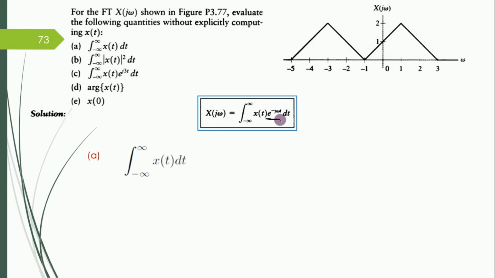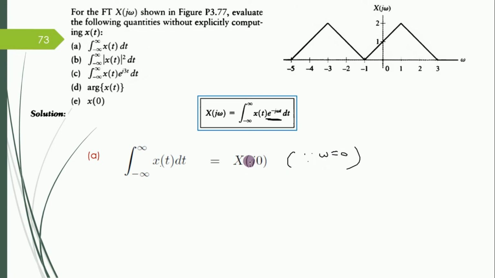Only this component is missing. What does that mean? The meaning is that omega is 0. You can assume that omega is 0. Replace omega with 0, because when omega is substituted with 0, e raised to 0 becomes 1. So you get this equation. When you substitute omega equal to 0, it results in X of j0.